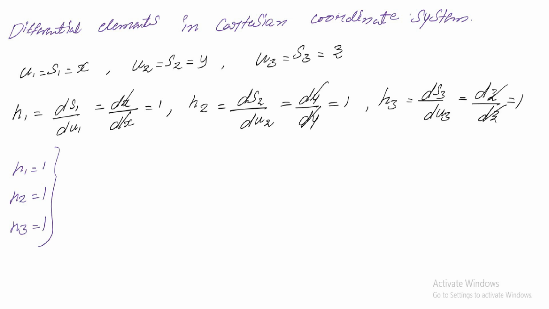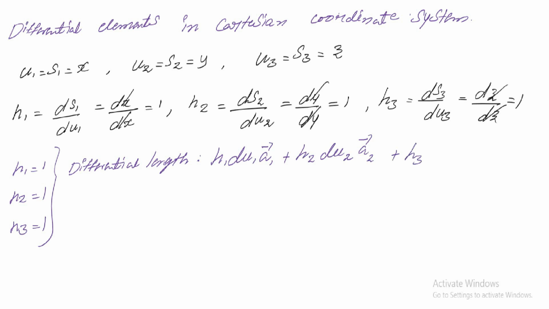So let us find the differential length vector. The differential length vector for the curvilinear coordinate system is h1 du1 in the direction of a1, h2 du2 in the direction of a2, h3 du3 in the direction of a3.